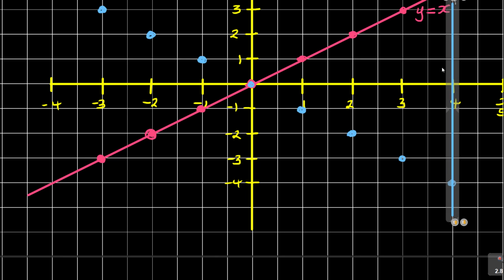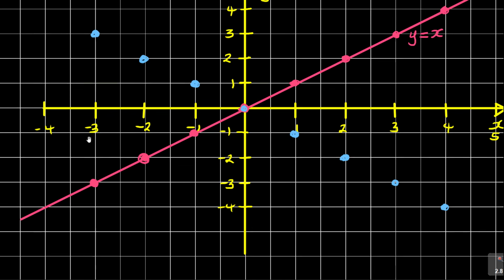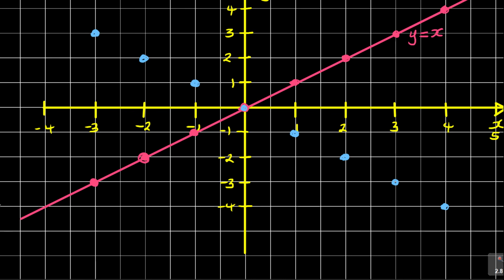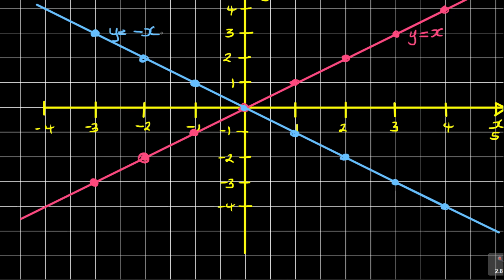So what I want you to do is take a graph paper and also practice this. Just grab a graph paper and practice this with me, because you need to have practice on how you plot these graphs. Once this video is done, you take a graph paper and attempt the graph of y is equal to x, and this one, y is equal to negative x.